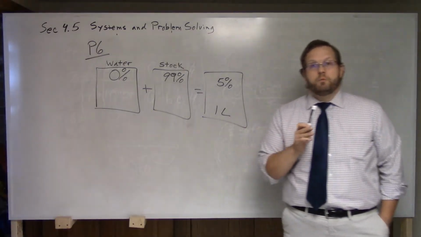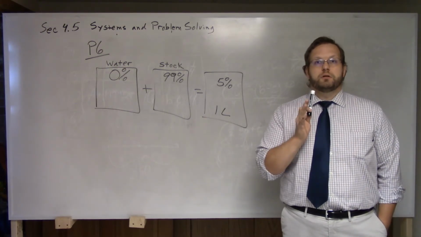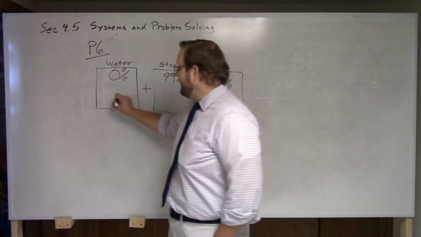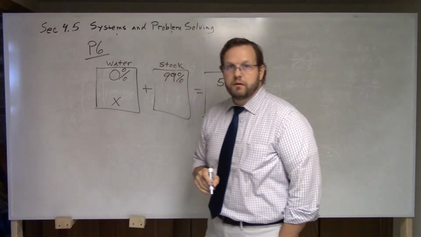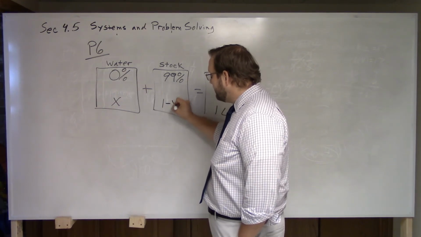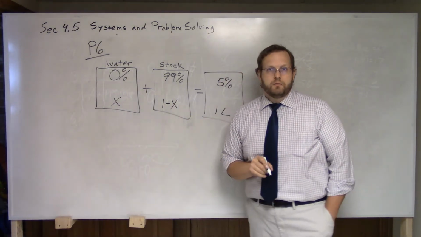Okay. Now, when we saw this in chapter 2, what we did was say, well, I don't know how much of this, but then we took the total minus that variable here. Okay?